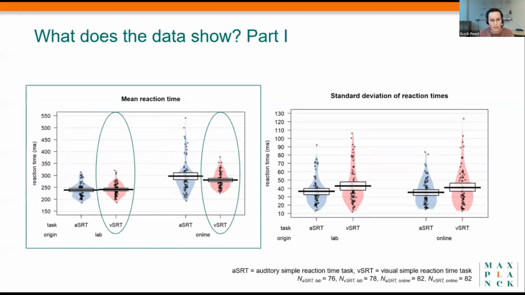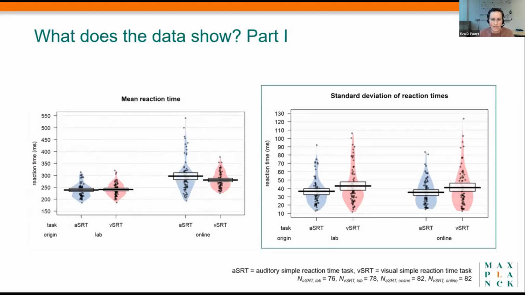When we look at the visual task, however, there seems to be slightly more variation in the online data again, but this time the test of homogeneity of variances was not significant. And if we take a look at the standard deviations of the reaction times, which give an indication of the within participant variation, then you can see that actually the online data and the lab-based data look very, very similar.